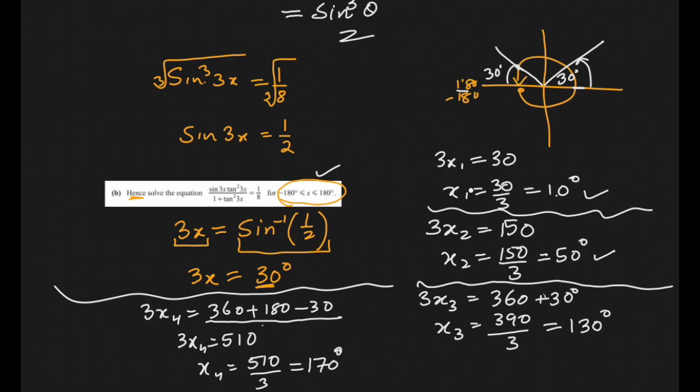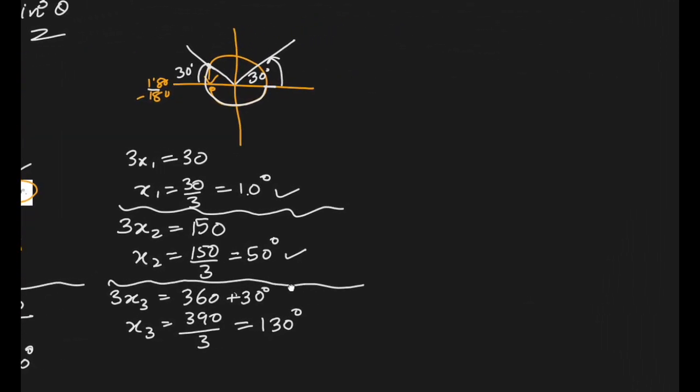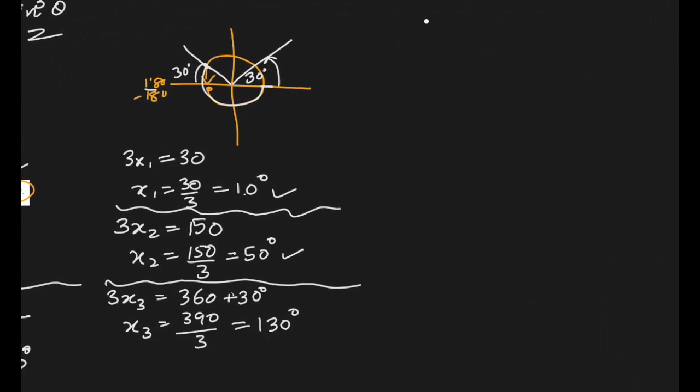Obviously, it is very close to 180, so I should not go to one more round, but I will go backwards. This is minus 180 minus 30. So let me go to the right so that I have more space. So 4 answers already there. Let's say 3x5. I will reject the one which will not work. So I get minus 180 minus 30. So x5 comes out to be minus 210 divided by 3, which is minus 70, well within our domain.